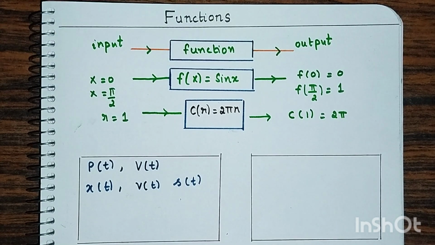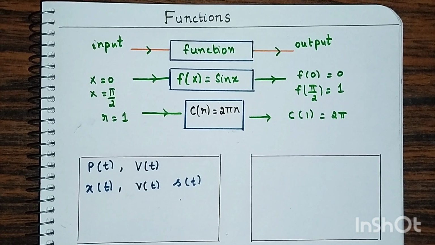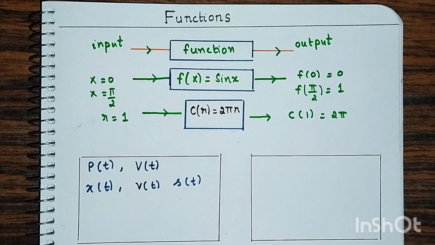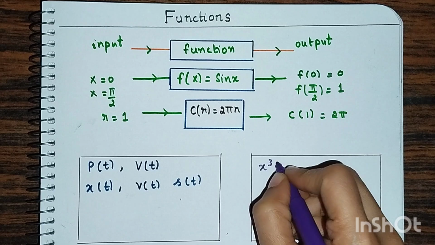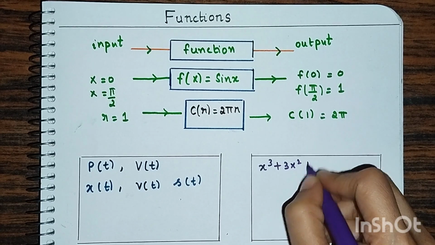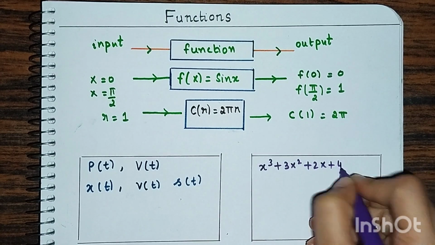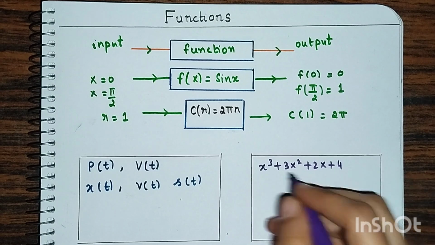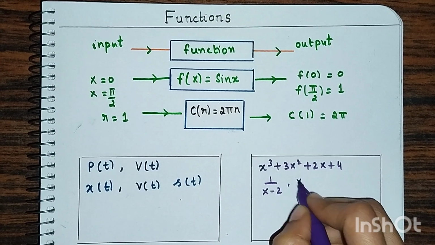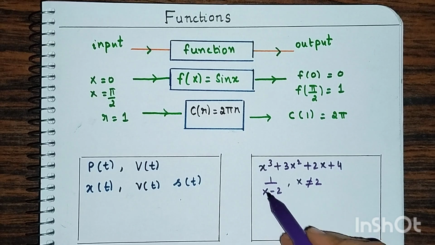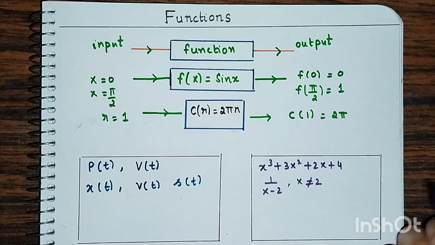Now let us recall the functions that we have studied in class 11 and 12, so that it will be a good start for the integration. So what are the functions that we have studied? x cube plus 3x square plus 2x plus 4, polynomial function. We have studied rational function 1 by x minus 2, where x is not equal to 2, a function of this form, rational function.